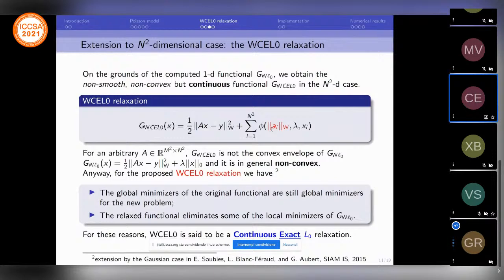But anyway, we have the same result of the original paper. The global minimizers of the original function, which means the L0 function, are still global minimizers of this new relaxed function. And the new relaxed functional remains free of the local minimum of the original. So it can be used.